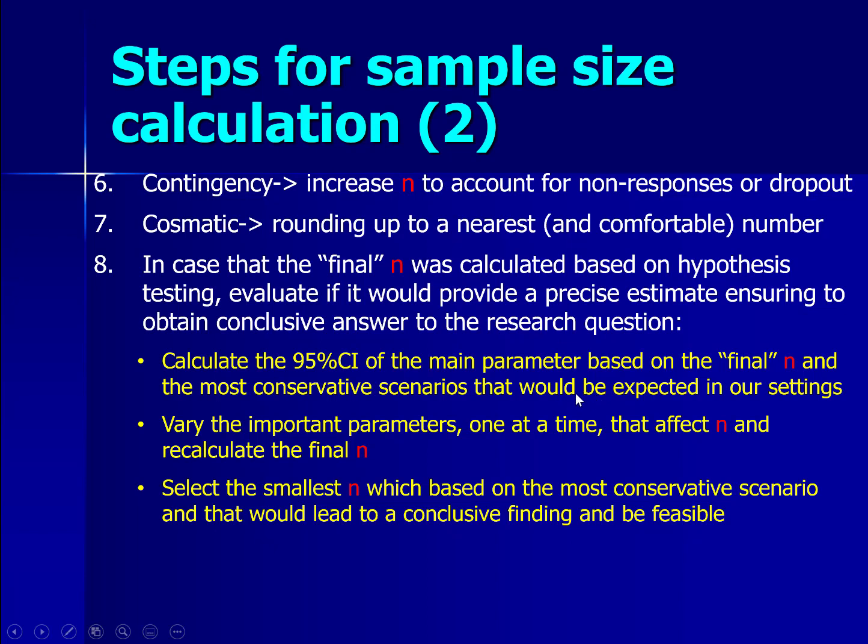Using the most conservative scenario means that for whatever affects the sample size, for example, the standard deviation, we will use the one that leads to the largest n, which is the largest standard deviation that would be in our settings. That means the most conservative scenarios, or the difference between the two groups that is expected to be obtained.